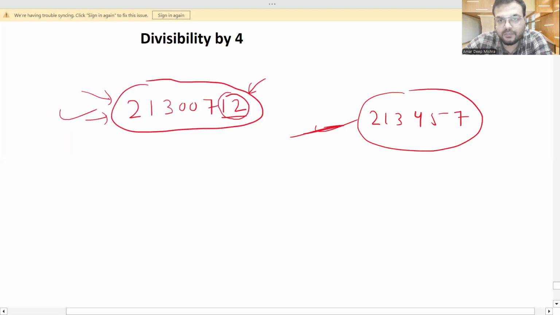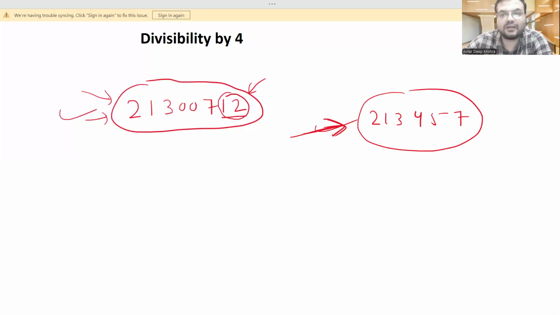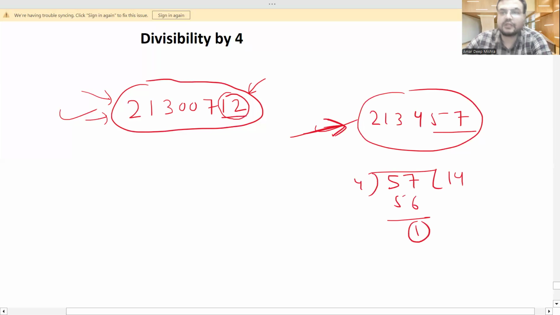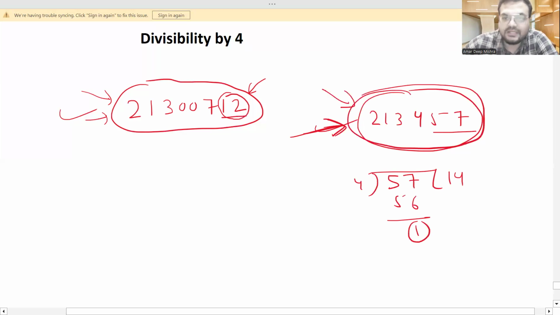So instead of dividing this number from the very first digit, you can divide only the last two digits, 5, 7. Okay. So take 57, divide by 4. So it will be 14 times 56 and the remainder is 1. So if you divide the entire number by 4, still you will be getting the same remainder 1.